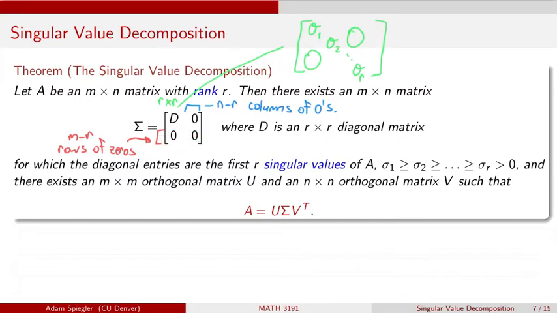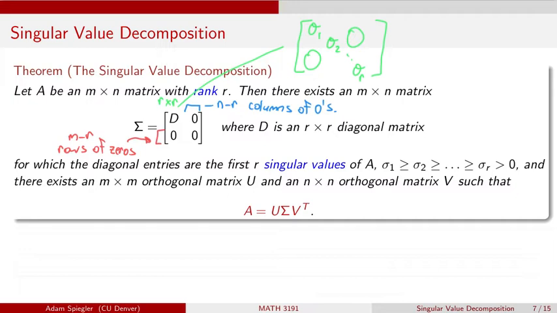The entries that make up the diagonal piece of sigma are the singular values, sigma 1, sigma 2, up to sigma r. Recall these singular values of matrix A are the square roots of the eigenvalues of A transpose A. We arrange these singular values in descending order down the diagonal of matrix D, and then off of the diagonal, we have zeros.